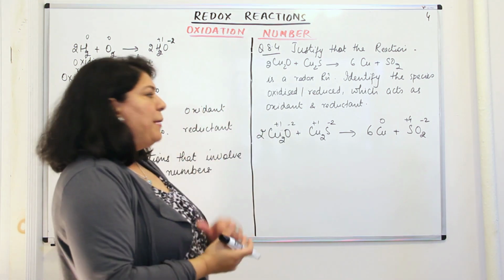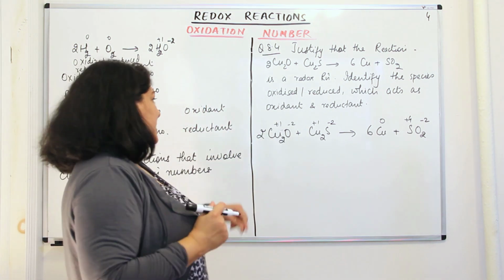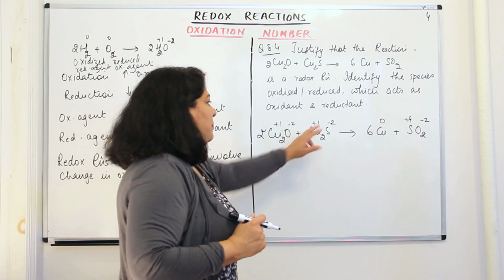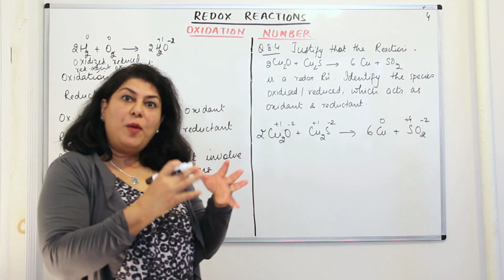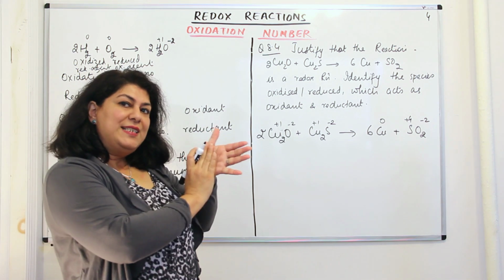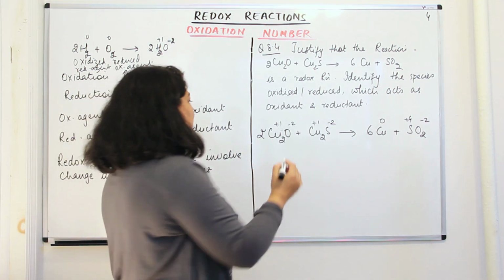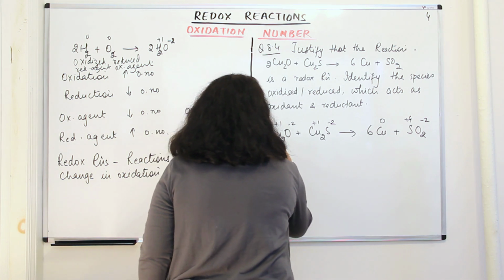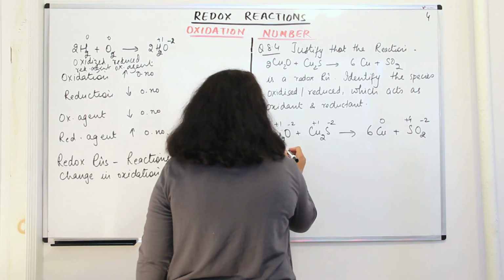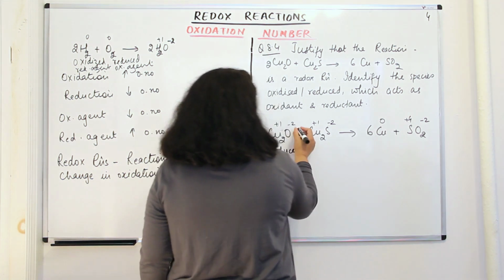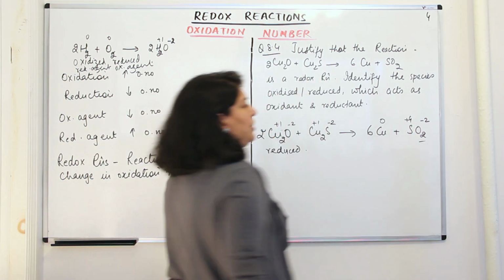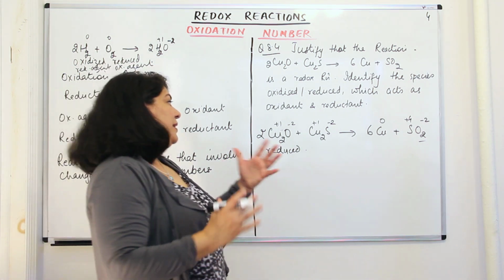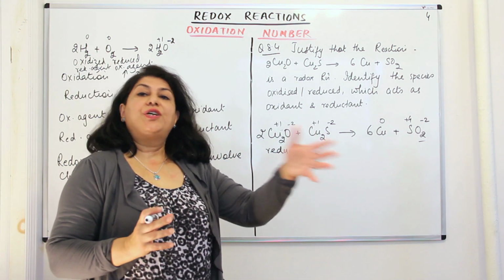It will be +4. So 2 2s are 4, you have 4 negative charges, therefore sulfur should have a +4 charge. So what happened to the oxidation states? Let us see. Copper was +1 here, and copper became 0. So if copper is from +1 state turning into 0, it means copper is getting reduced. Oxygen, take a look, oxygen was -2 here also, and it is -2 here also. Therefore, oxygen is neither getting oxidized nor reduced.